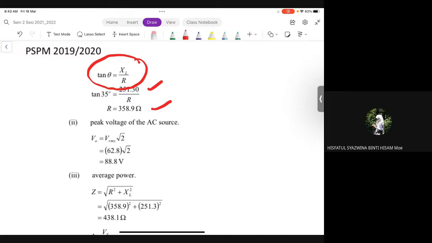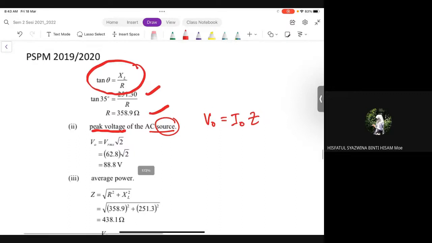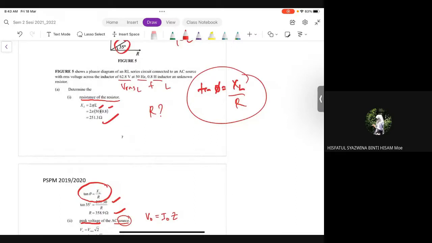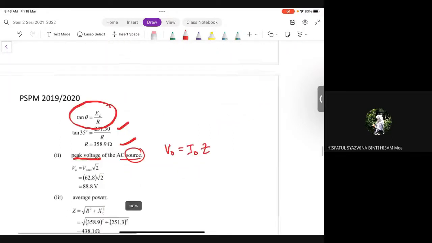Okay, soalan seterusnya dia tanya peak voltage. So V0 dekat AC. So V0 sama dengan I0Z lah. Bukan R sebab ini dekat source. Okay. So V0 equals to I0Z. Kenapa dia ambil 62? Alah ni. Betul ke jawapan ni?